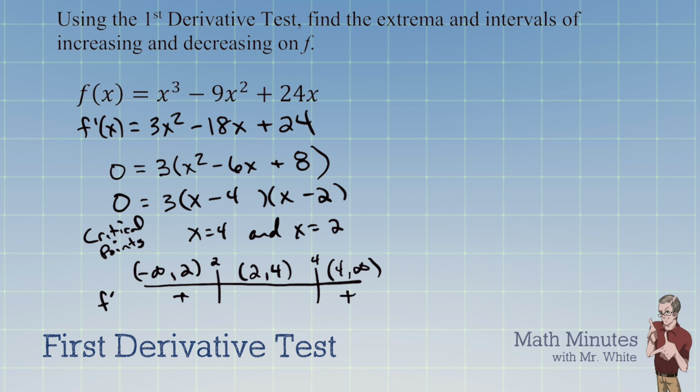So we go up to our first derivative, and we plug 3 into it. And we just have to work it out. So 3 times 3 squared minus 18 times 3 plus 24. That would be 27 minus 54 plus 24. That's 27, let's see, minus 30, which is, oh my goodness, negative this time.